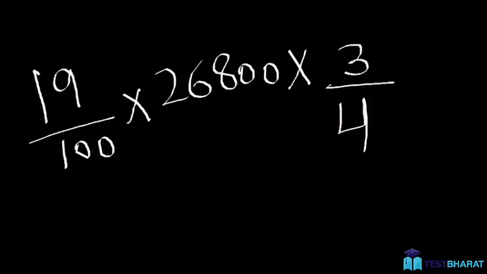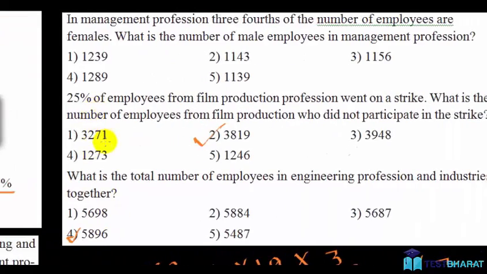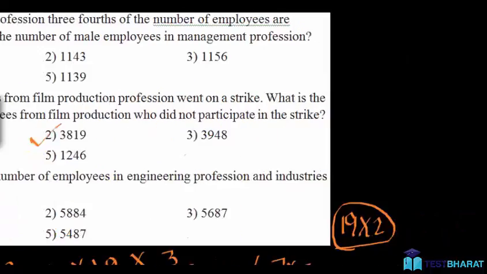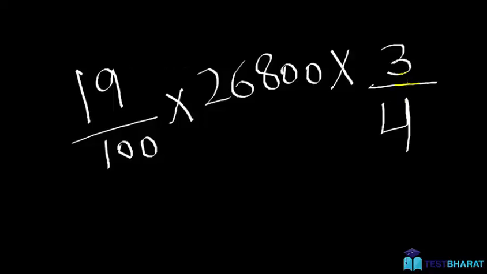But the trick is we can see the last digits. The last digits here are different: 8, 9, 6, 1, 3. So the rule of multiplication says the last digit cannot be different. If I multiply 3 into 8 into 9 divided by 4, the last digit would be the same.